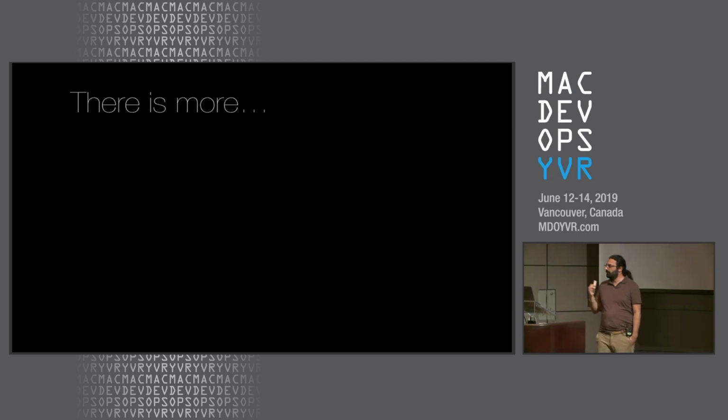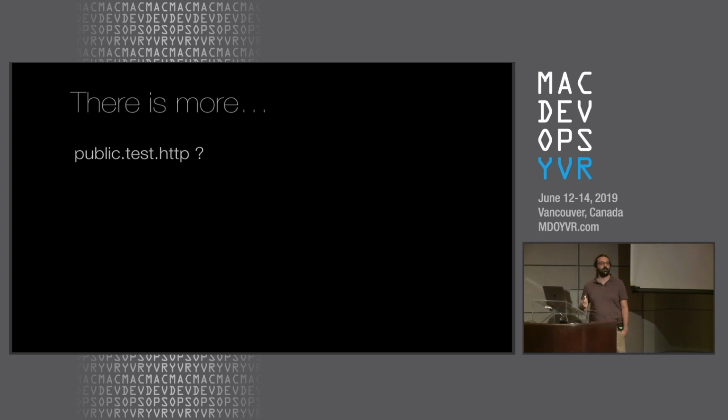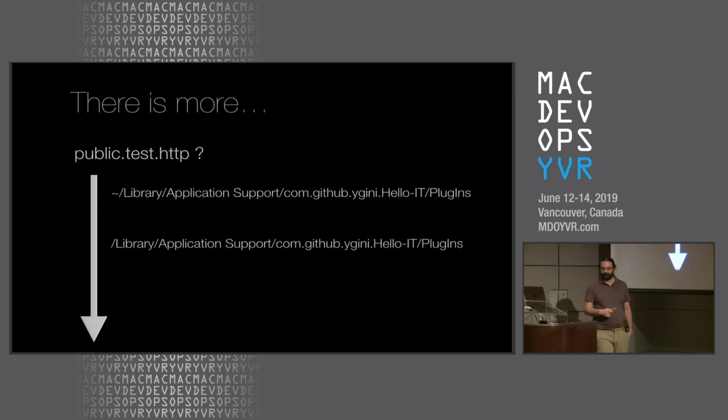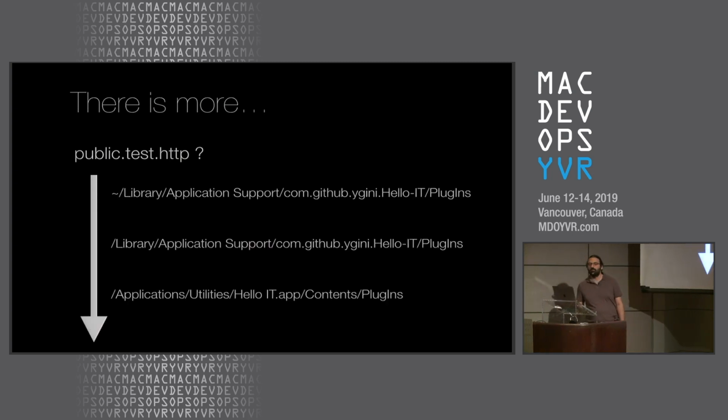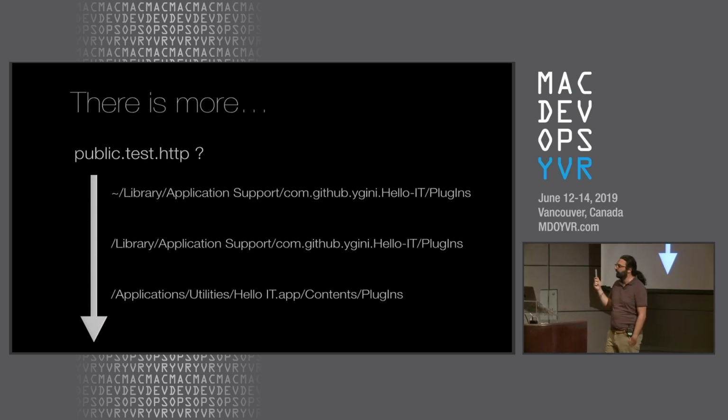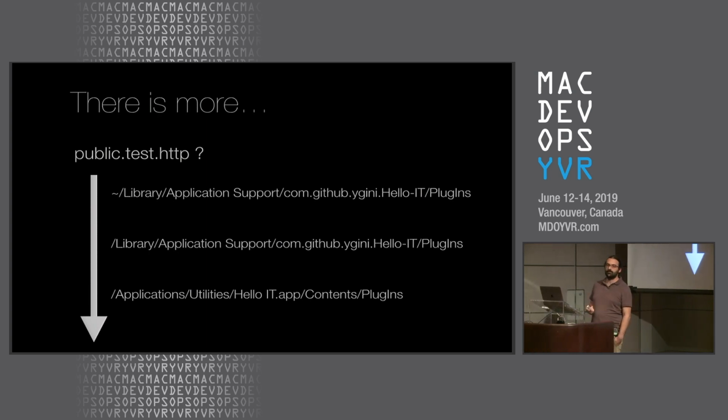And so when you are requesting to use the public.test.http function, LOIT will look for a plugin that provides this specific function on those three paths: the LOIT plugin in the user library, in the computer library, and built-in in the app.